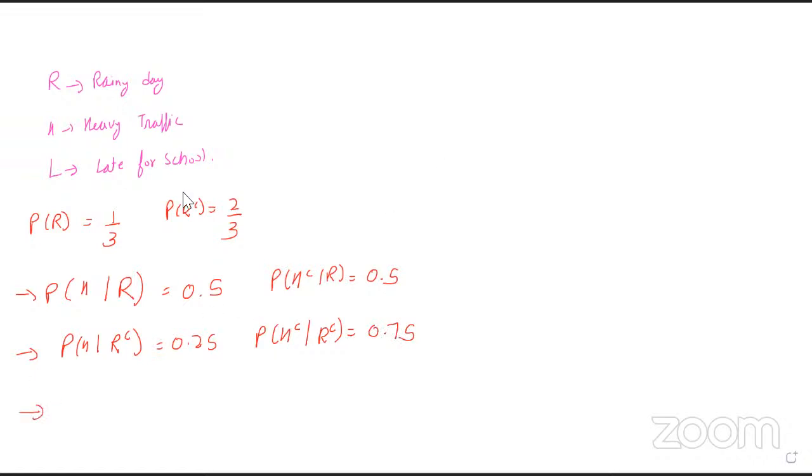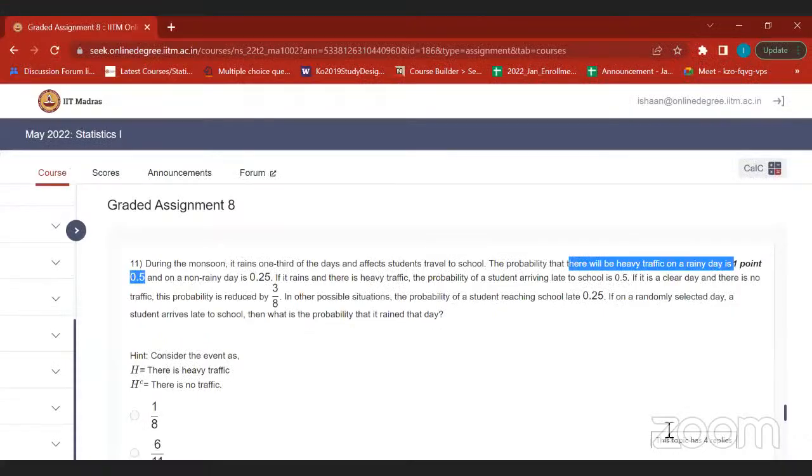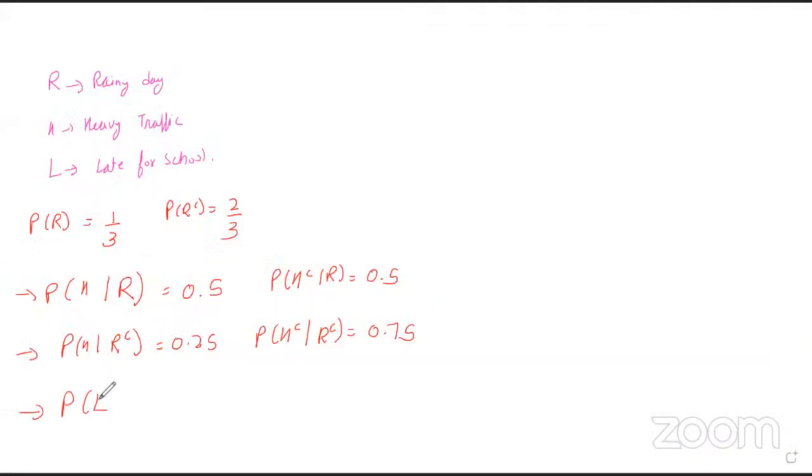I think next we have a lot of information. If it rains and there is heavy traffic, the probability of the student arriving late to school is 0.5, right? Yes, sir. Probability of arriving late to school given rain and heavy traffic, 0.5.